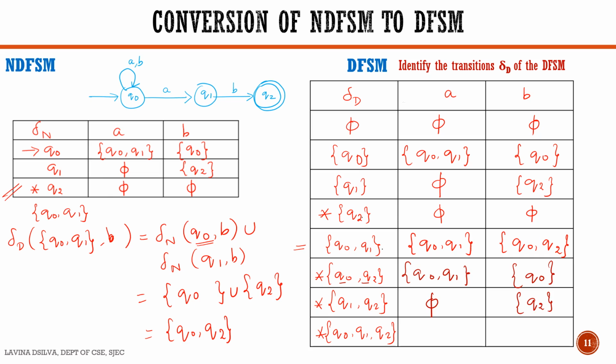Next it is the union of three states, Q0, Q1 and Q2. On A that would be Q0, Q1, and on B it is Q0, Q2. I have not written these steps for all the transitions. I have directly written using the tabular format.